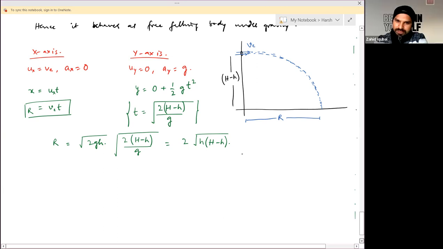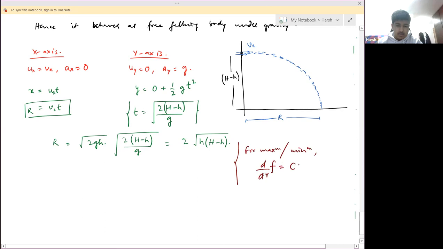So remember this particular result. It will give you the maximum or minimum value.